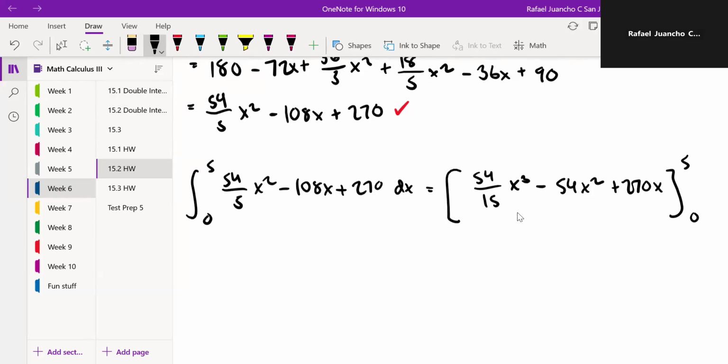So here, 5 cubed is 125, and 15. If this was 15, or 125 rather, this was 15, then this would be 25, this would be 3. And so 25 times 54 would give me 1350 over 3.